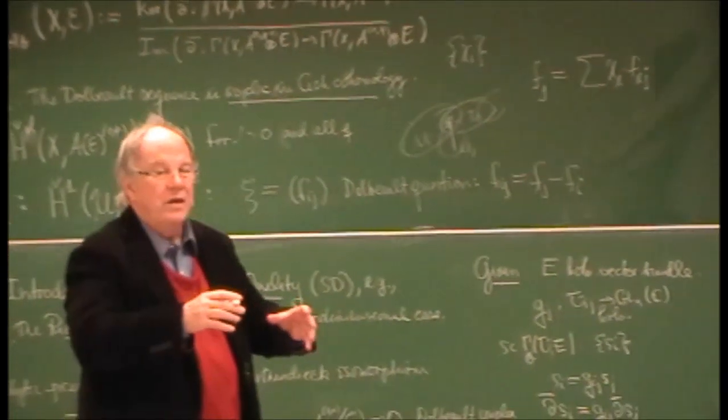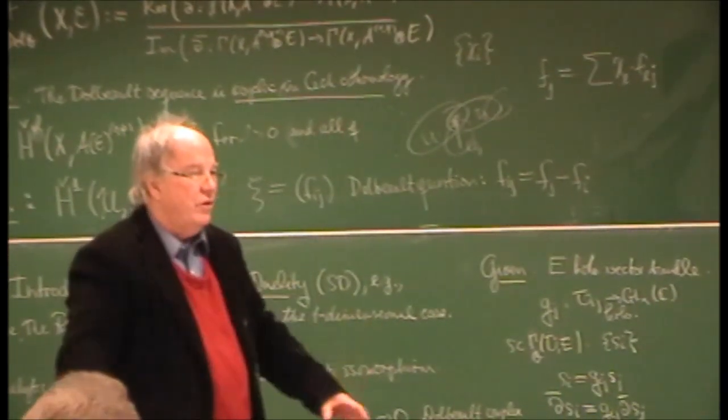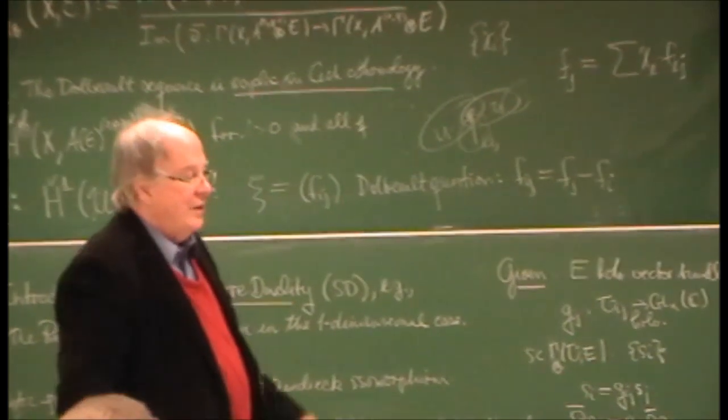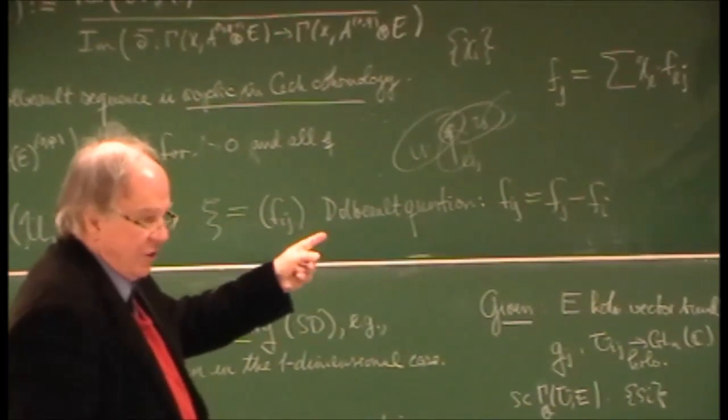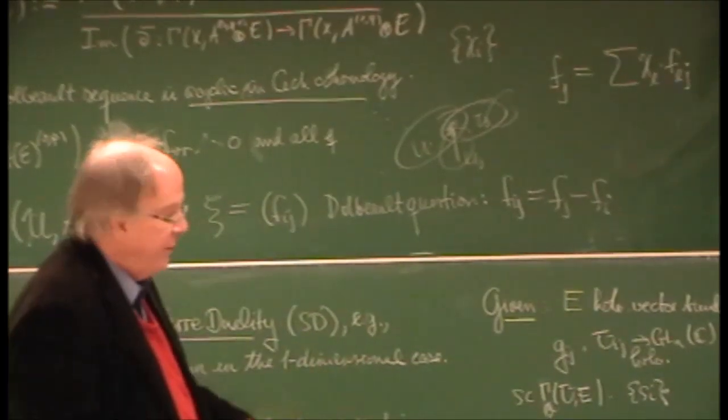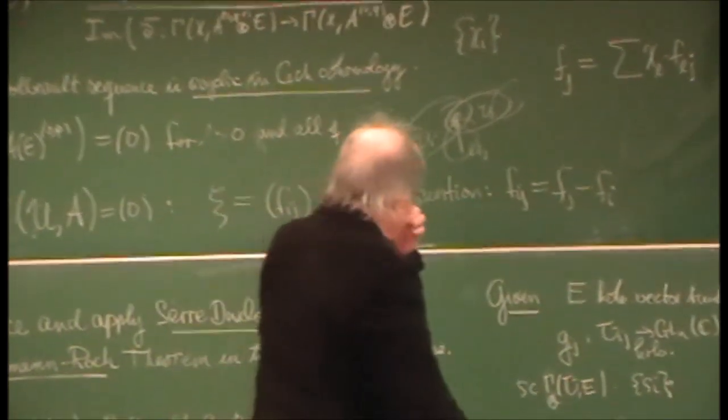You have to worry a little bit about this kind of thing, and then cut them off with the partition of unity, so that the thing inside of the summation is globally defined. It's globally defined, locally finite. This is nothing. So this thing exists.